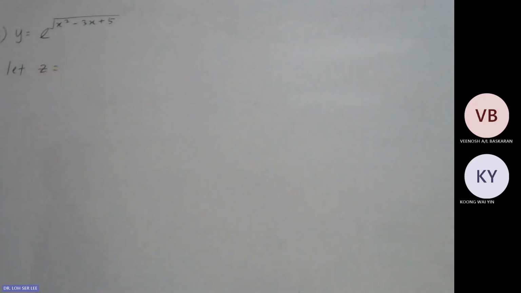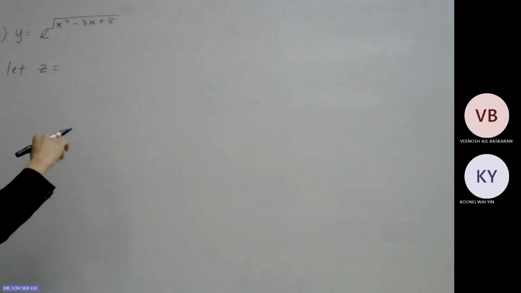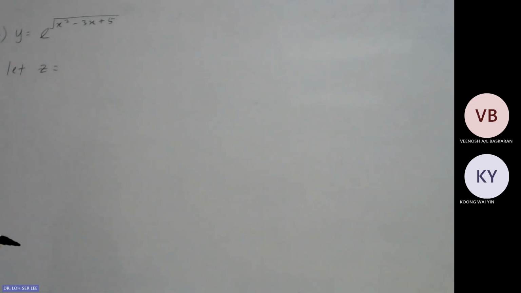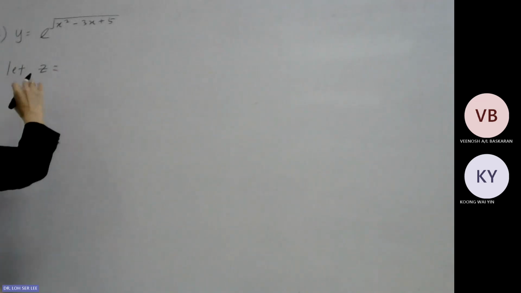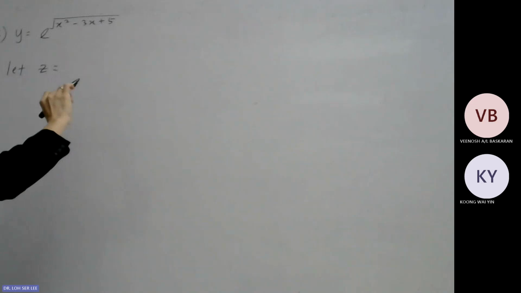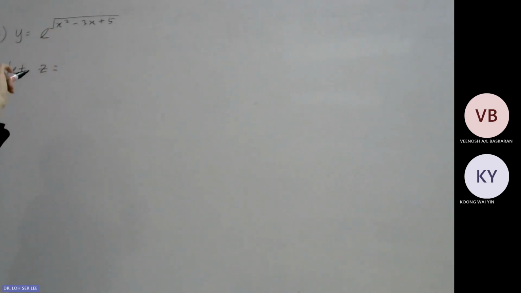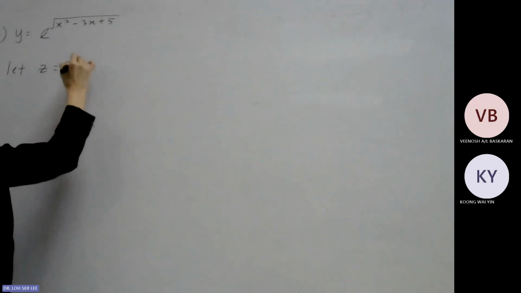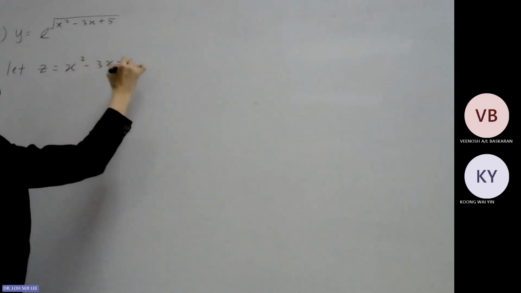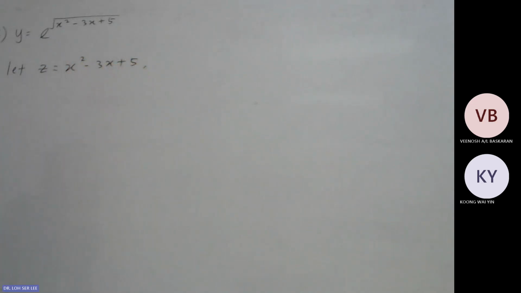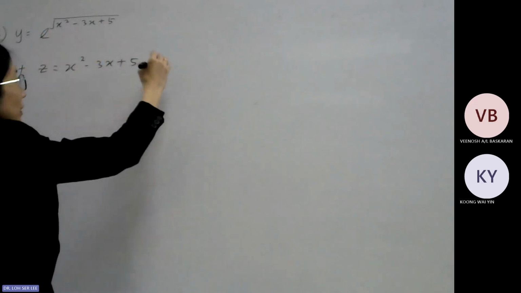Z, what is your Z? Your Z should be, what is the innermost function? x squared minus 3x plus 5. This is your Z. Okay.